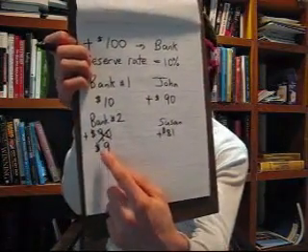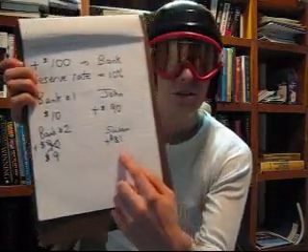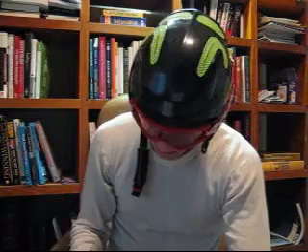So bank number 2 has $9, and they lend out $81 to Susan. When they lend the money, it goes to Susan's bank, bank number 3. So bank number 3 now has $81.